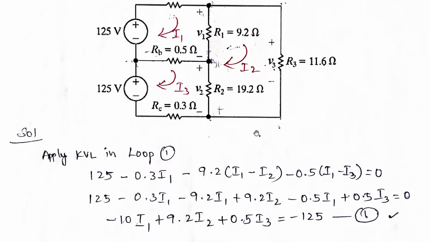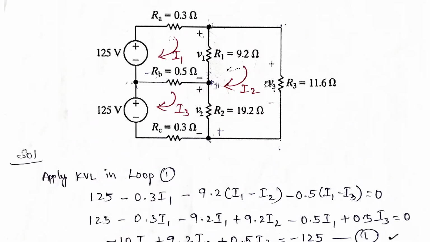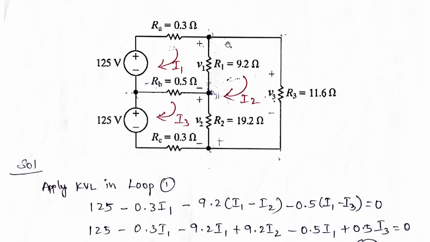Similarly, V3. Now, as per the circuit diagram, don't write blindly. As per the circuit diagram, the current flowing through this particular loop is I2 only, because there is no other loop here. So only I2 current will flow through this R3.